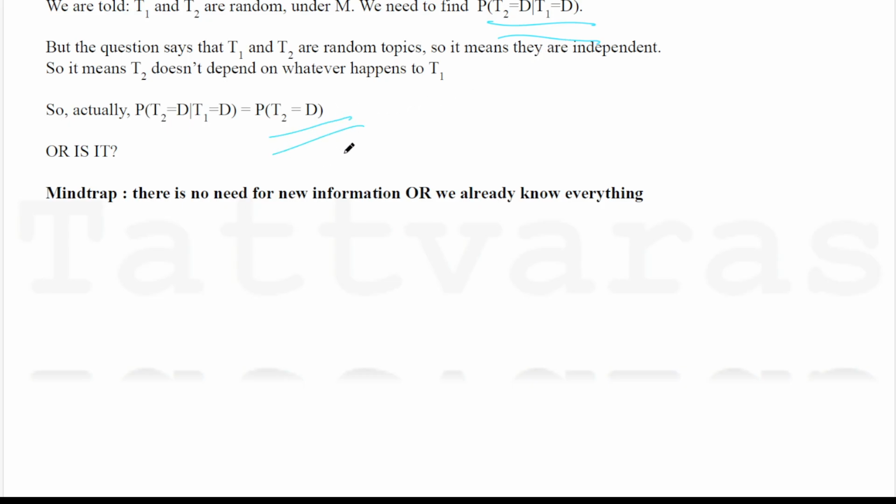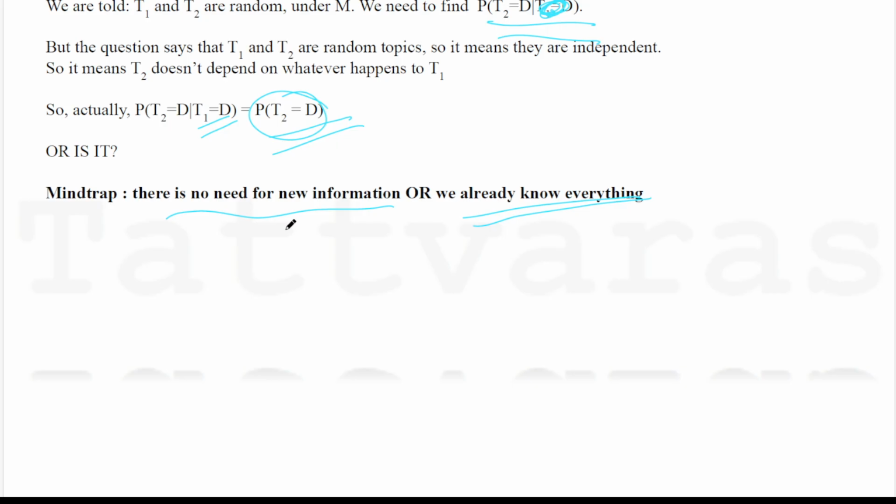And the question makers wanted me to waste my time thinking about this thing, but it's not relevant. Essentially the mind trap over here is that there is no need for new information to be taken into account in the form of this given to us, or we already know everything marginally, so we have to proceed with the marginal one. There's no need to take new information into account.